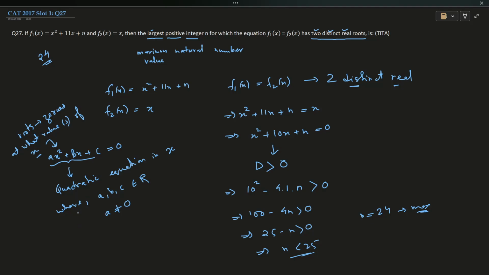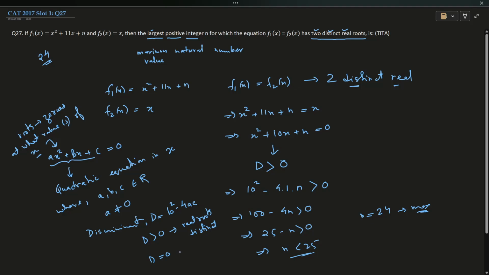All right, so the nature of the roots of a quadratic equation is determined by the discriminant, which is represented by D, and it is given as b square minus 4ac. If D is greater than 0, distinct and real roots.